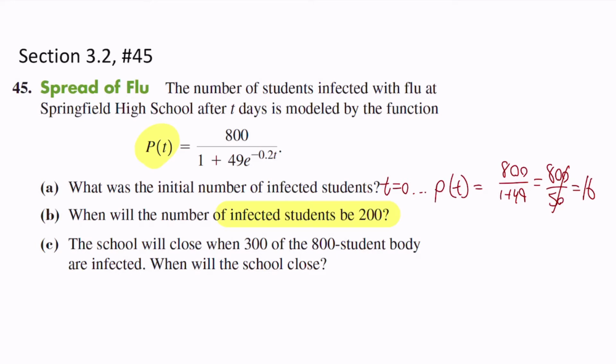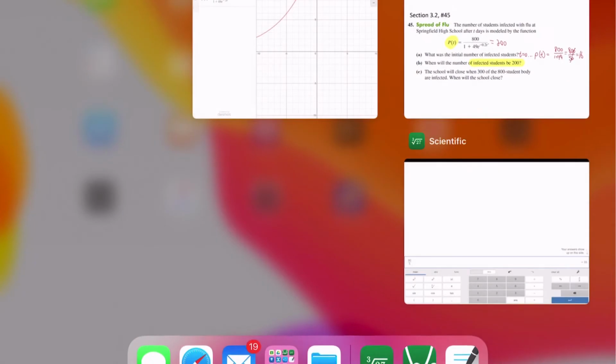After so many days have passed, this function outputs how many students have the disease. Since we don't know how to set this equal to 200 and solve yet, we need to resort to graphing.